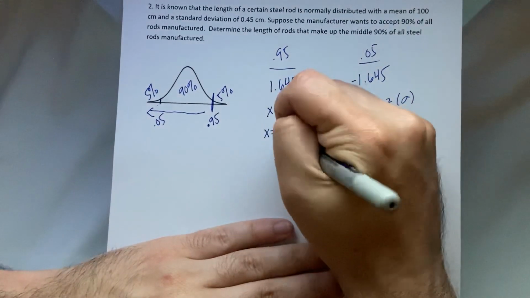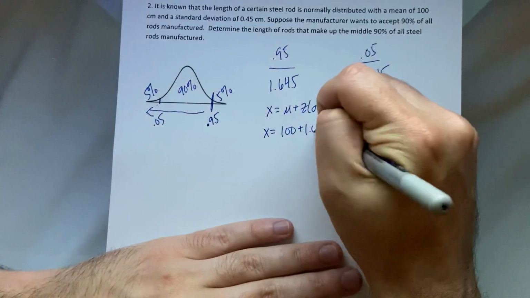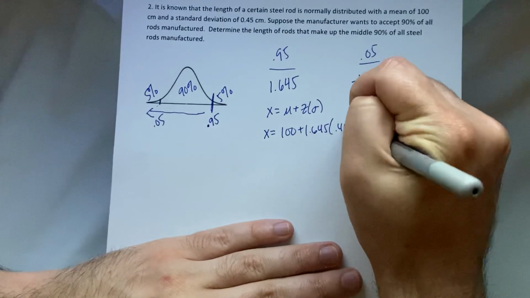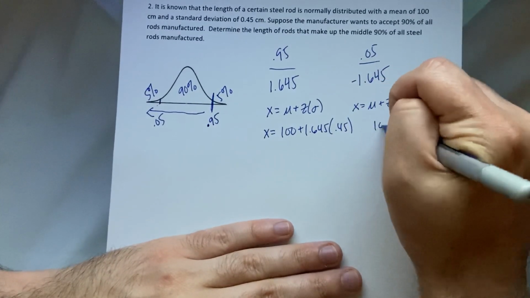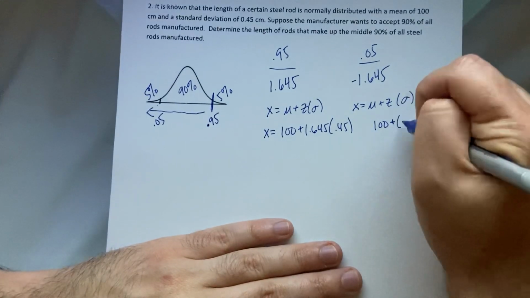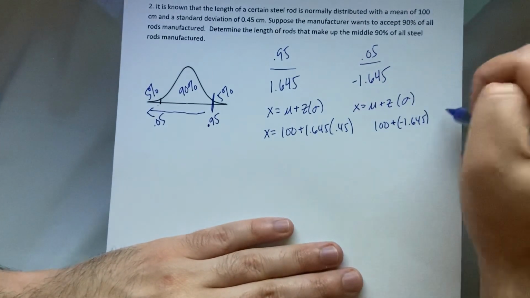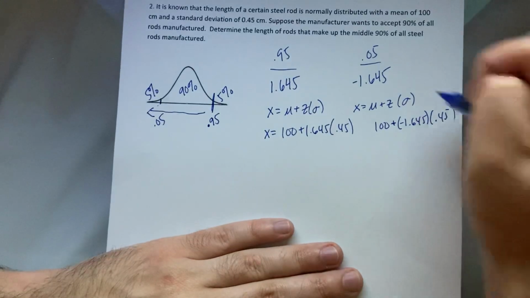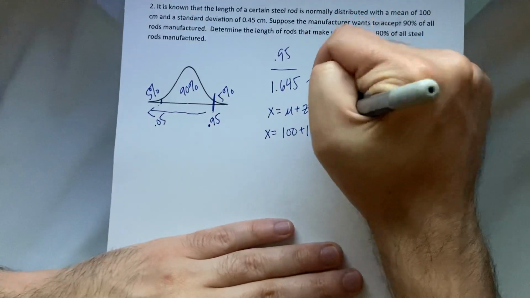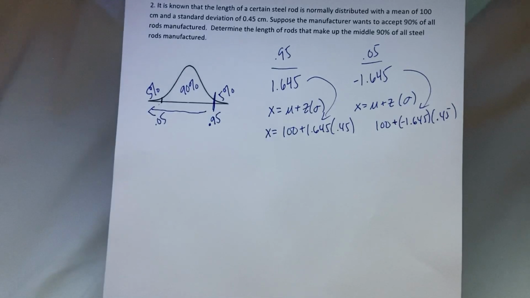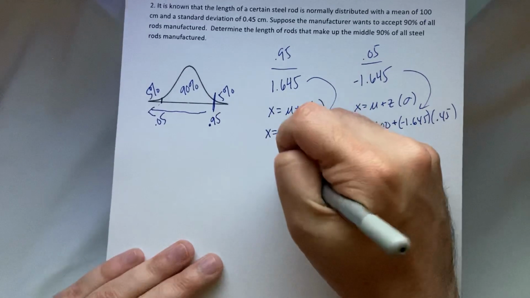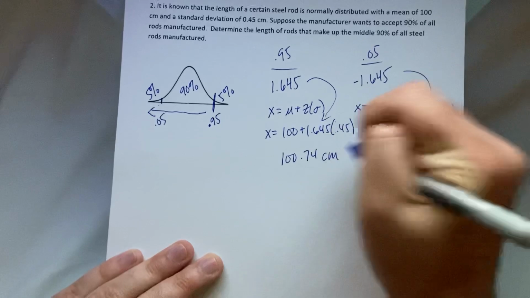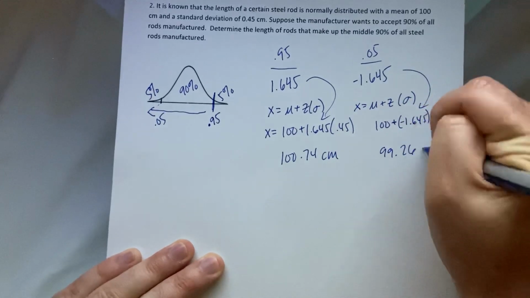So x is 100 plus 1.645 times 0.45. And here it's 100 plus negative 1.645 times 0.45. What do we get? This is 100.74 centimeters, and this one is 99.26.